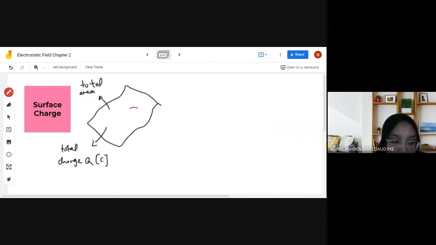So now let's assume that we are taking this small sample, and the amount of charge on this small sample is dq, a very small amount of charge. In this case, we can write the equation where dq is proportional to ds, where s is referring to the size of the sample.